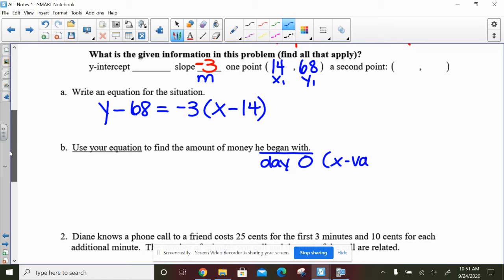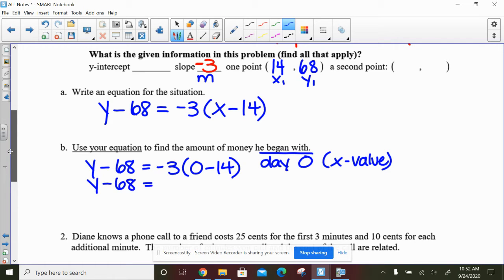So at day 0, y minus 68 equals -3, parentheses, 0 minus 14. This represents the starting point at day 0. So y minus 68 equals -3 times, 0 minus 14 is -14.